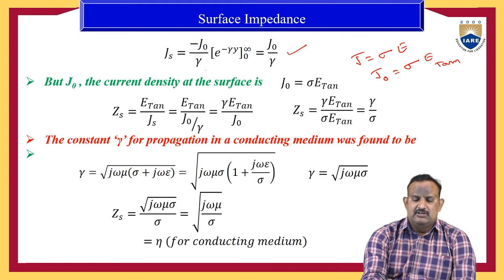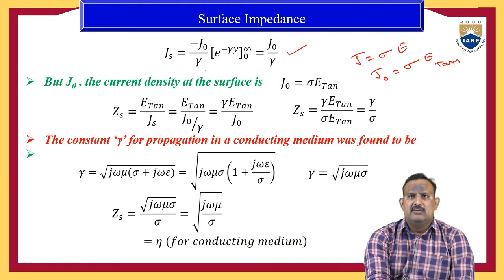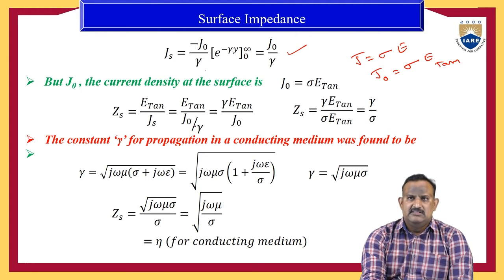Therefore, if we substitute, E tan by Js is nothing but gamma by J naught, so the equation becomes gamma into E tan by J naught.